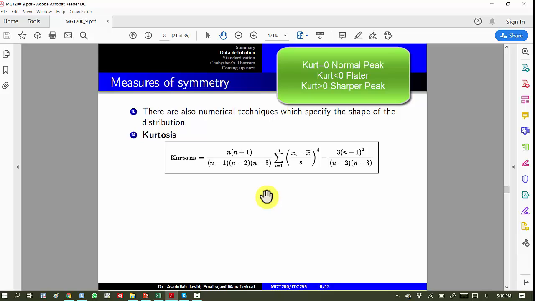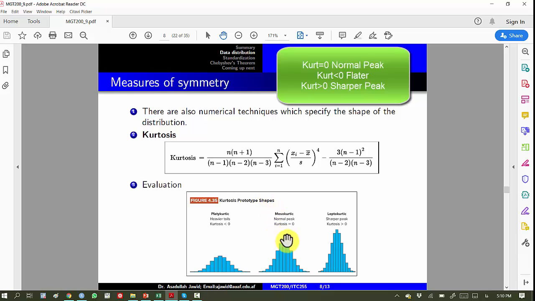That's the kurtosis. If kurtosis is equal to 0, we have a normal peak. If kurtosis is negative, we have a heavier tail, a flatter distribution. If kurtosis is positive, we have a sharper peak.